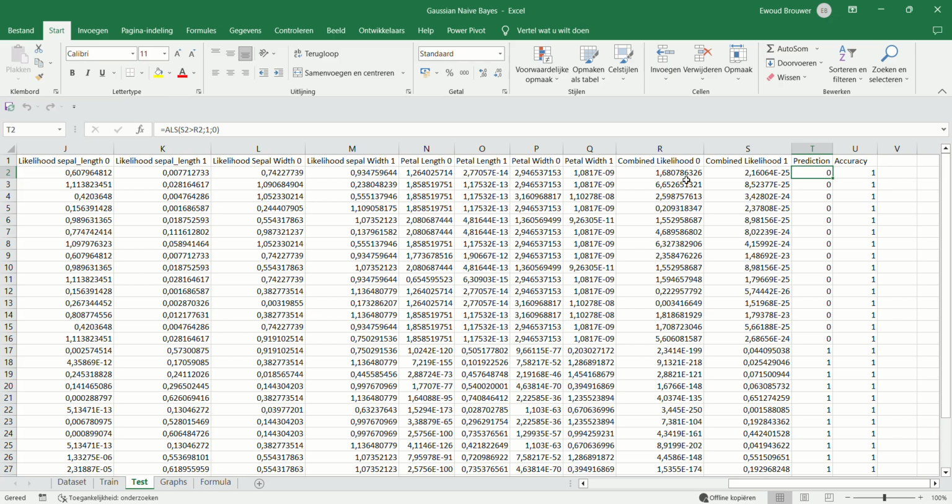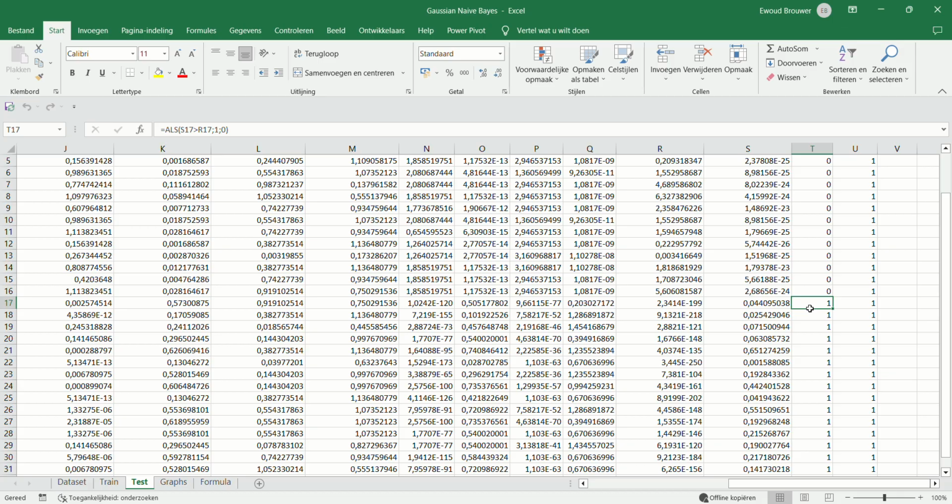As you can see, the first 15 observations are all predicted as 0, because the likelihood of being 0 is higher for every observation. That's correct for every single observation. You can see the accuracy. If the accuracy is 1 here, then it's correct.